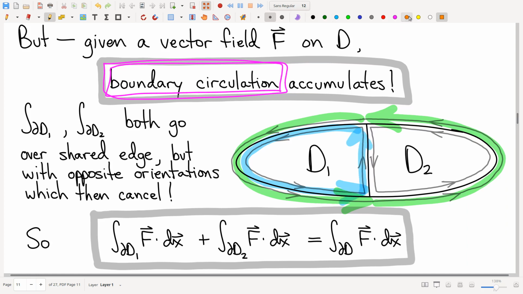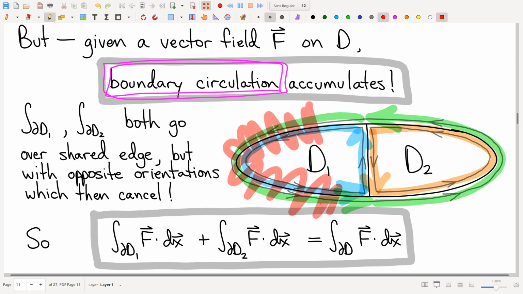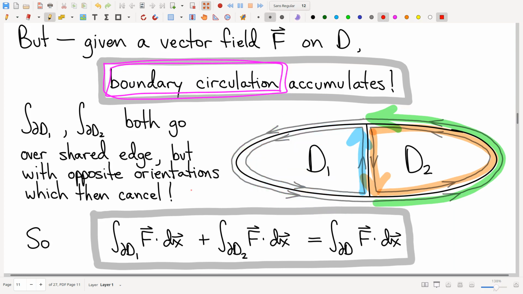And then the orange boundary circulation would be like, well, that plus that. Now it's tempting to say, okay, well, clearly these track and cancel from opposite sides of the equation, so that's not a problem. Likewise, all of this, orange and green, they track. They're the same in the orange as they are in the green, so that cancels. And then again, we get a leftover.